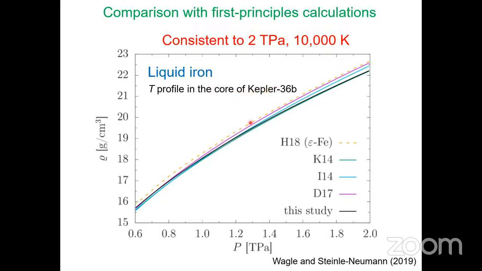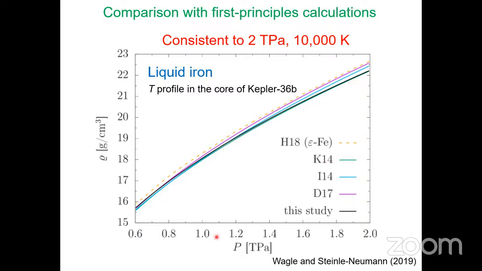If you have a good eye, you can see this black line is here, and also a green line just behind this black line. The black line is their first principles result from this study, and the green line is my equation of state, Komabayashi 2014. This shows perfect agreement.